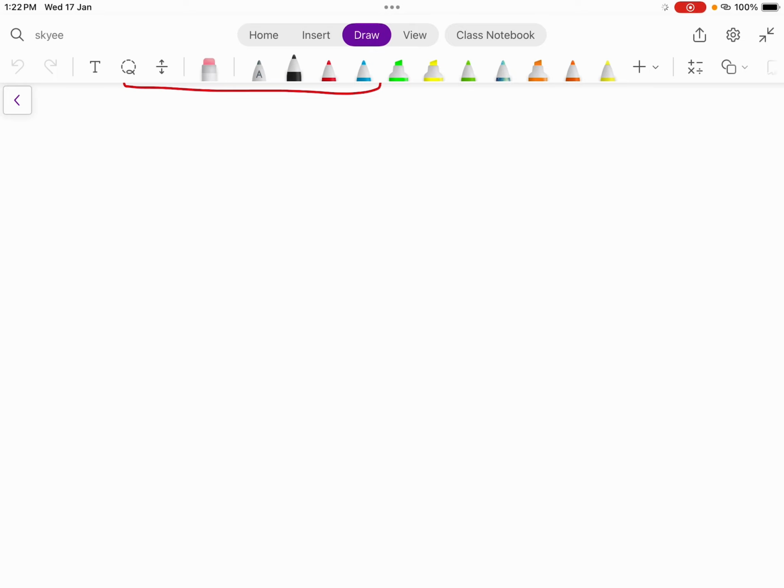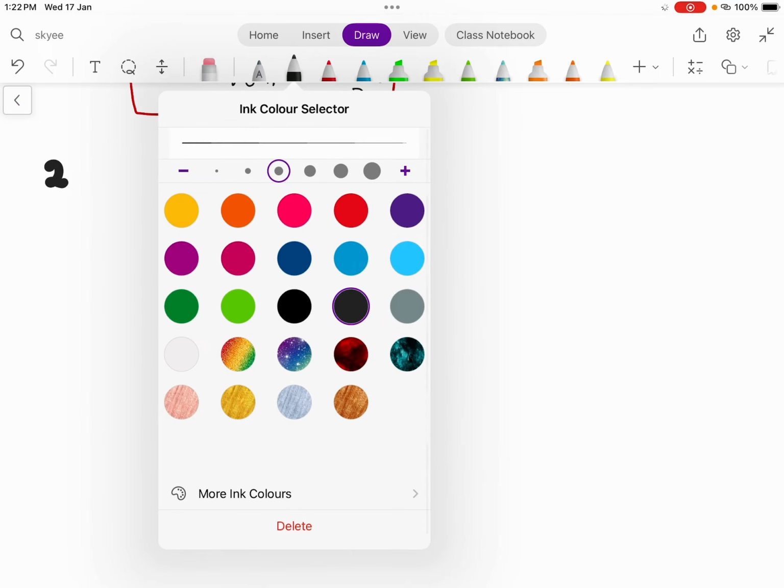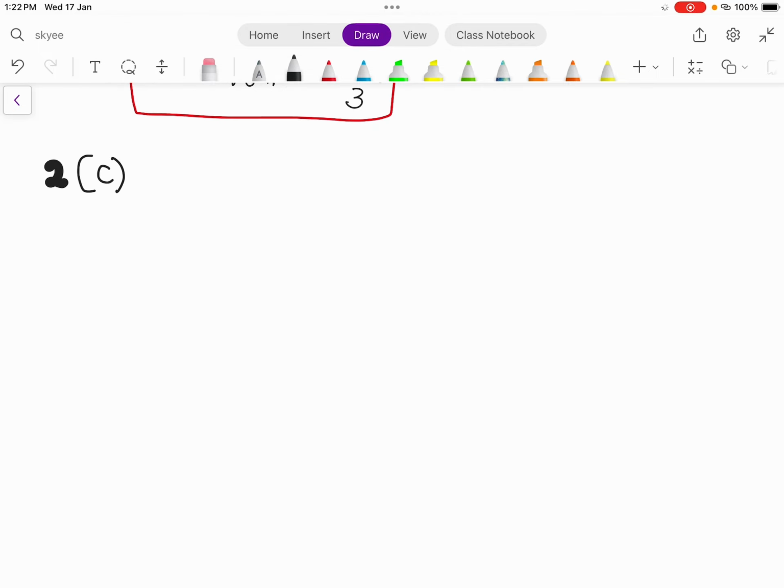So this is question 2C. Let me write down the equation for the cone.